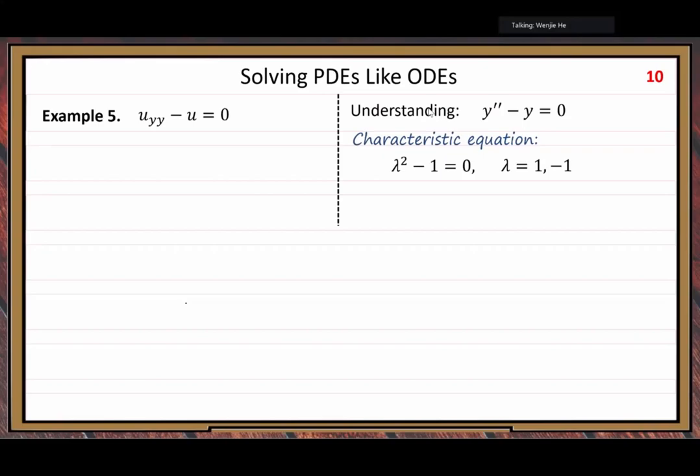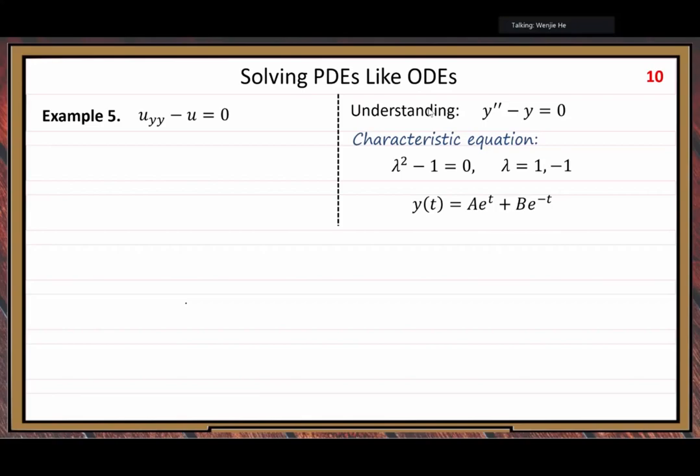Solving this algebraic equation, you can write the solution using these two roots immediately. Solution y of t equals capital A constant times e to the first lambda times t, plus capital B times e to the second lambda value times t.